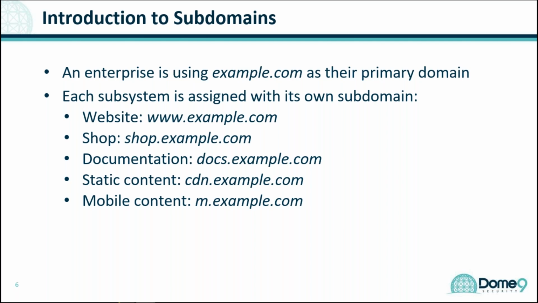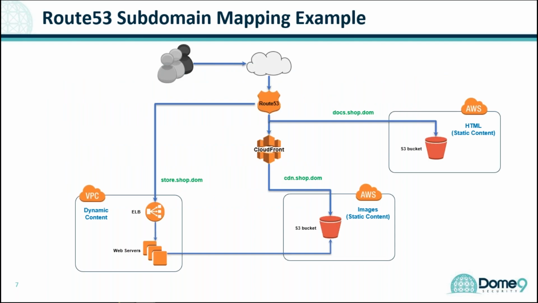Let's see how it looks on AWS. On AWS, you have Route 53. Route 53 is the Amazon solution for domain and DNS service. The domain can be mapped from Route 53 to dynamic content directly or via CDN. So you can serve content coming from web servers, like the online shop or the store.